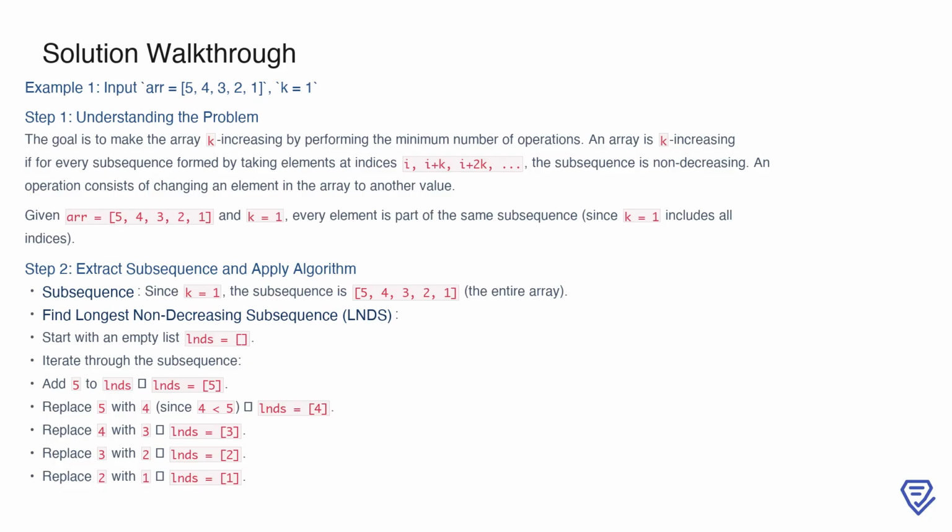To solve this, we need to find the longest non-decreasing subsequence, or LNDS, within this subsequence. Starting with an empty list, we iterate through the array. First, we add 5 to the LNDS, then replace it with 4 as 4 is smaller. Similarly, we replace 4 with 3, then 3 with 2, and finally 2 with 1. By the end, the LNDS contains only 1 and has a length of 1.